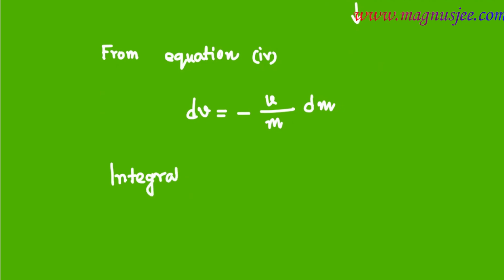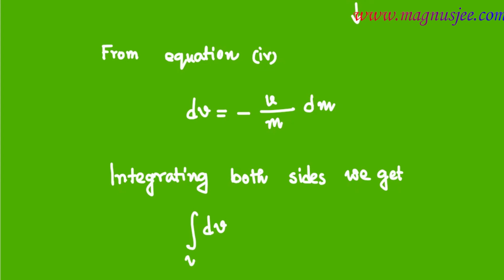Integrating both sides, we get integration dv, v0 to v, equal integration of minus u by m dm. It is integrated over dm, which means over mass.